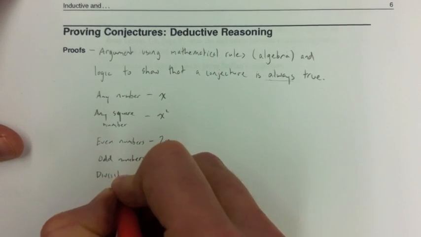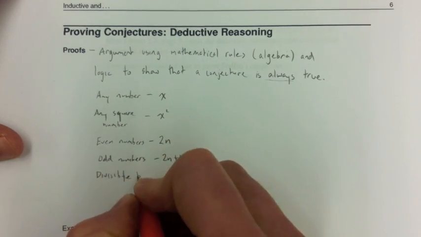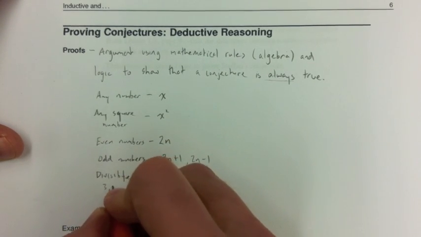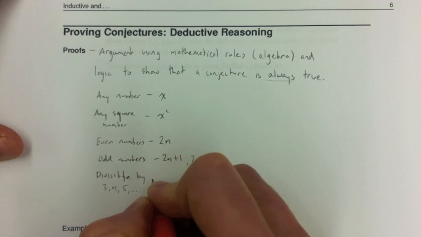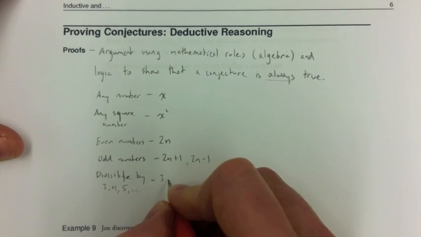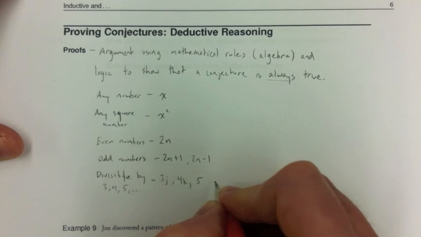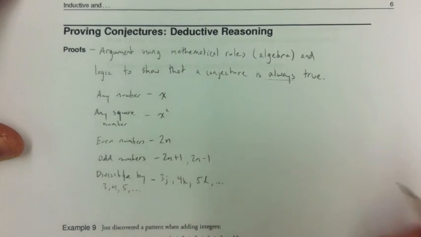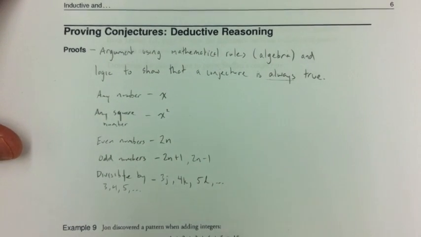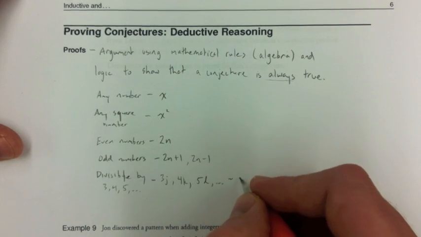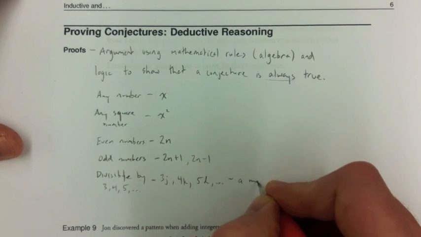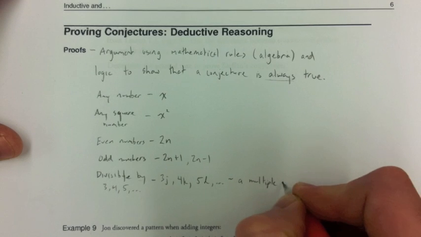The terms divisible by, say like 3, 4, 5, would be like 3j or 4k or 5l and so on. It's really important when you're doing proofs that you understand a few things. One of the things is that divisible by is roughly the same as a multiple of.